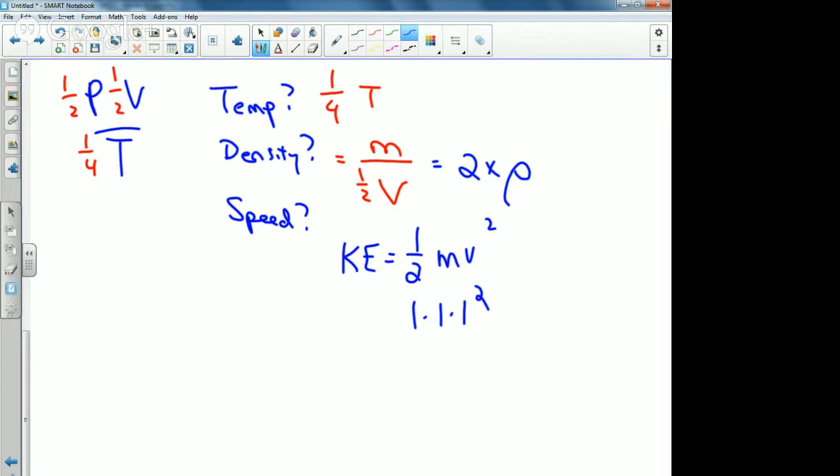So therefore, how much did the kinetic energy change by? I thought it was 1. No. First of all, the temperature changed.